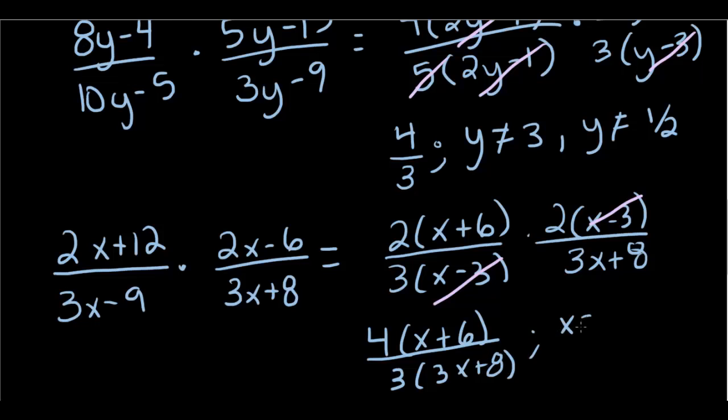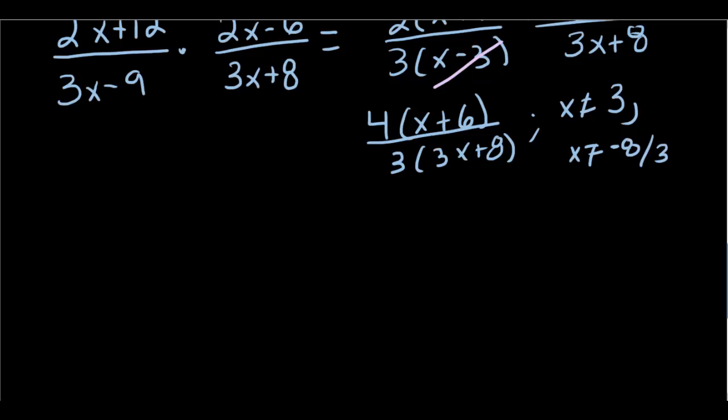And x cannot be 3 because if it was 3, it will make the denominator 0. And x is not negative 8 over 3. And I'm getting the negative 8 over 3 by solving for x on 3x plus 8.